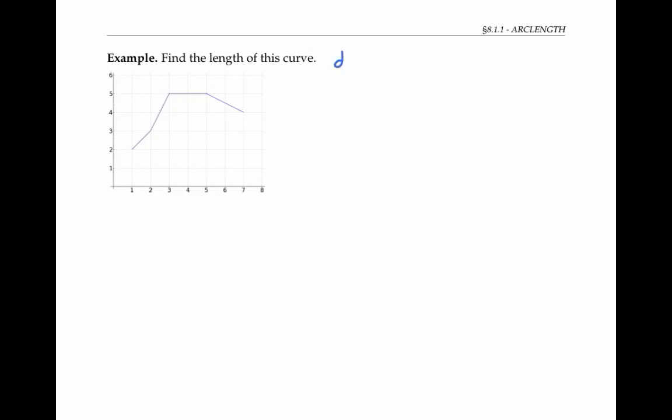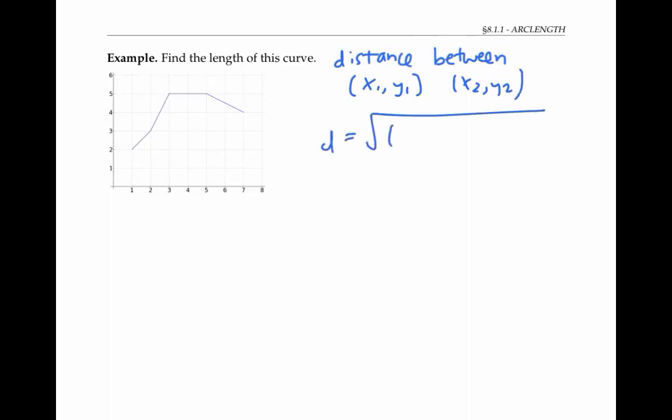The distance formula says the distance between 2 points, x1, y1, and x2, y2, is given by the square root of x2 minus x1 squared plus y2 minus y1 squared.